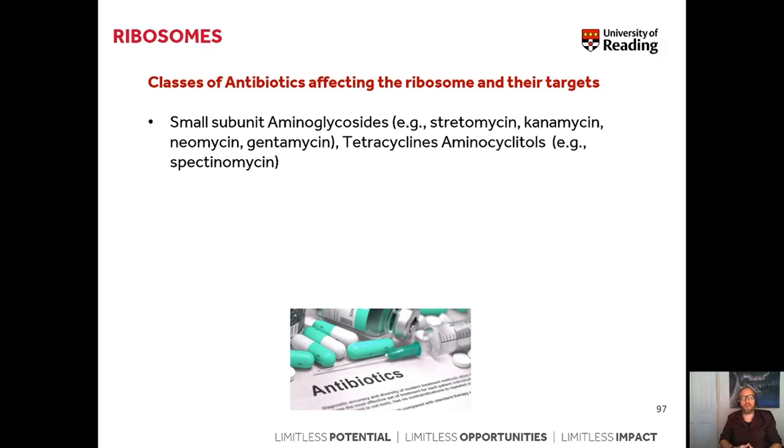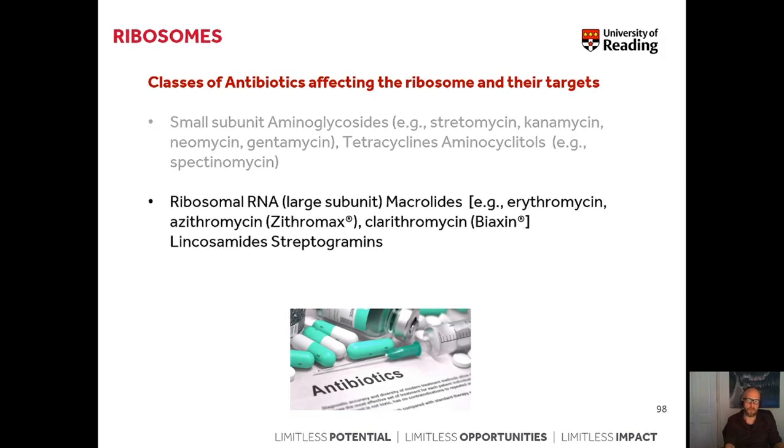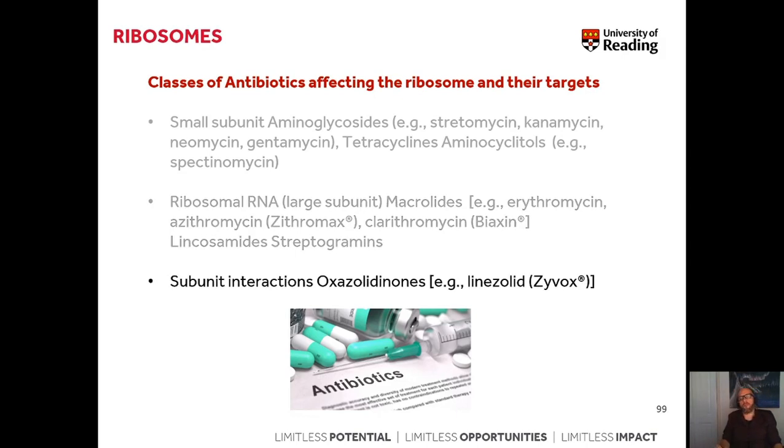aminoglycosides, including streptomycin, kanamycin, neomycin, and so on, and also tetracyclines. They target the small subunit of bacterial ribosomes. In addition, there are also antibiotics targeting the large subunit, including erythromycin and azithromycin. And finally, there are antibiotics that prevent proper interaction of those two subunits, thereby stopping translation in bacteria.